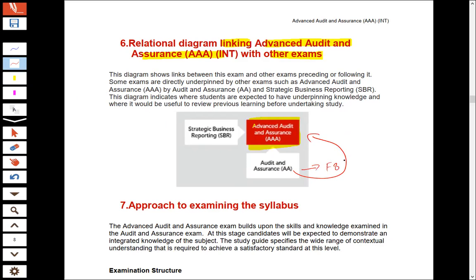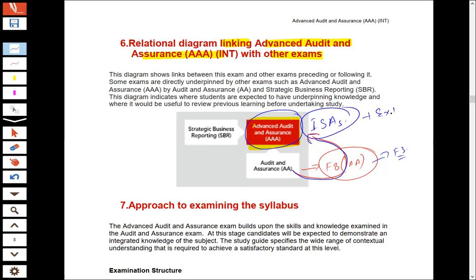In paper F8, which was AA, the usually examinable content was related to paper F3, the initial financial accounting, and to some extent the accounting standards relevant for paper FR, F7. But in Advanced Audit and Assurance, there is obviously the link of F8, related to ISAs, International Standards on Auditing, plus some extra ISAs specifically in paper AAA.